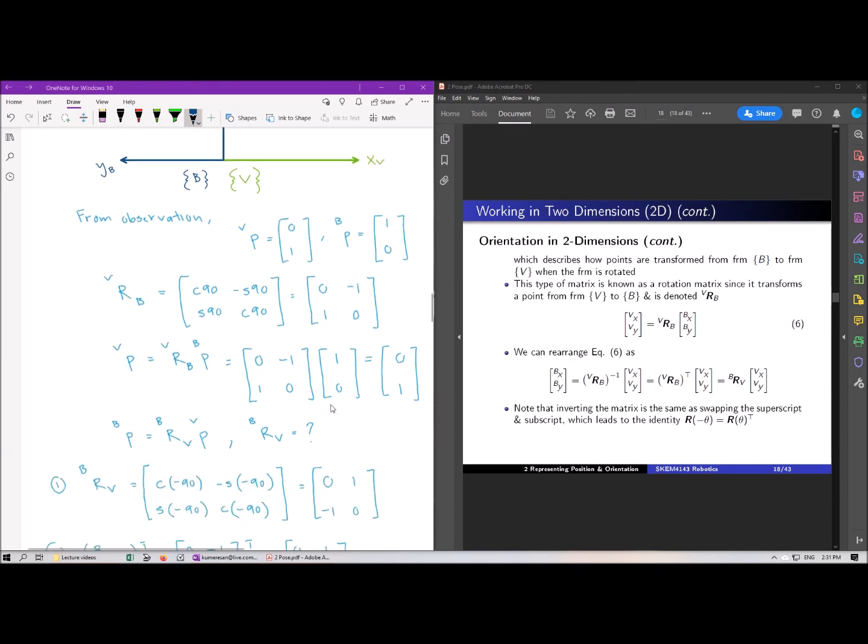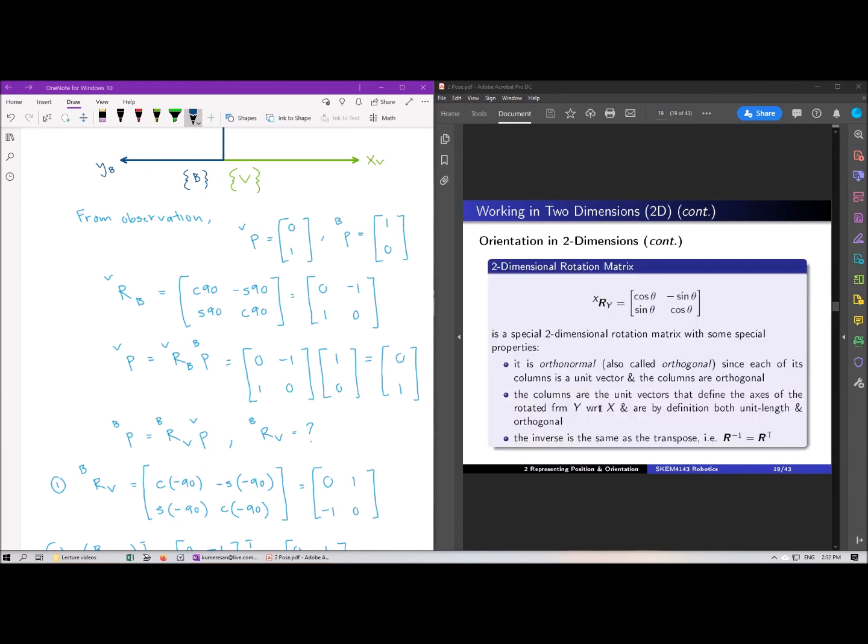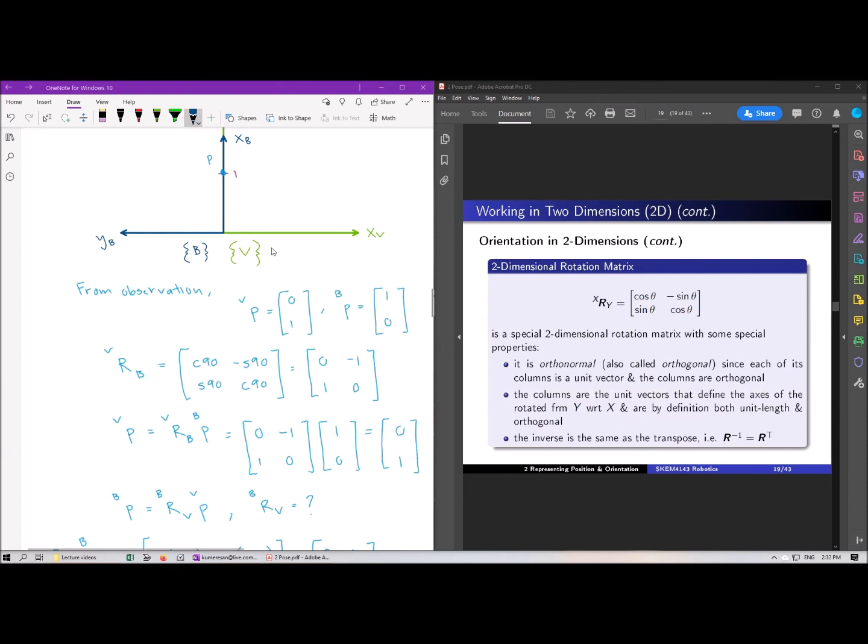All right. Suppose we are interested to find PB now. Given PV, first we have to find RVB. So note that previously we used RBV. Now the superscript and the subscript is reversed. So once again, you can find RVB either by using this formula or, like I said, by observing.